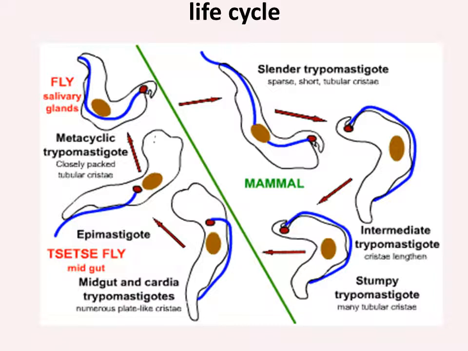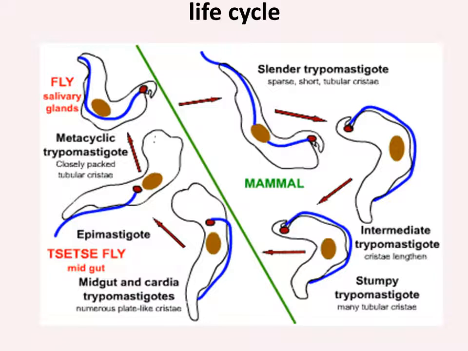In the reservoir host, the second period of the life cycle starts when the trypomastigotes in the saliva of the vector host are injected into the skin of the reservoir host. They enter the bloodstream and pass into the lymphatic system, where they differentiate into blood-form trypomastigotes and multiply, thereby completing the life cycle.